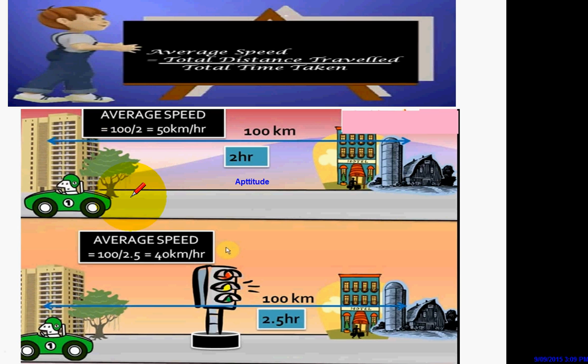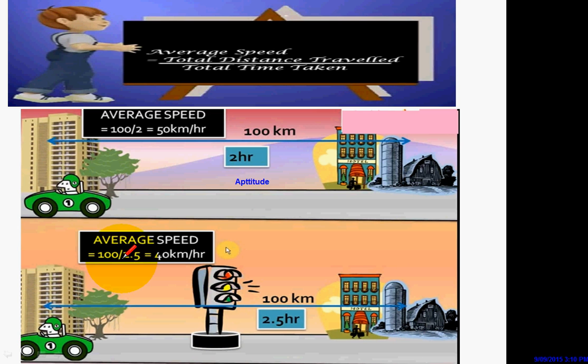Say for example, let us have the same situation in the second case, but with a slight modification. In the first case, there are no interruptions for the car. The car travels straight away from the hotel to the building. Whereas in the second case, again the same distance, but the car has to wait at one or more traffic signals, right? We have an assumption that there is a traffic signal where the car needs to wait.